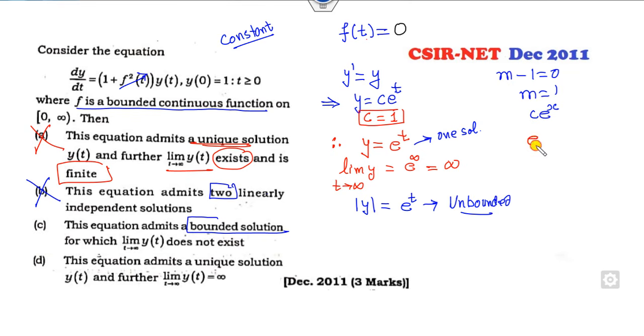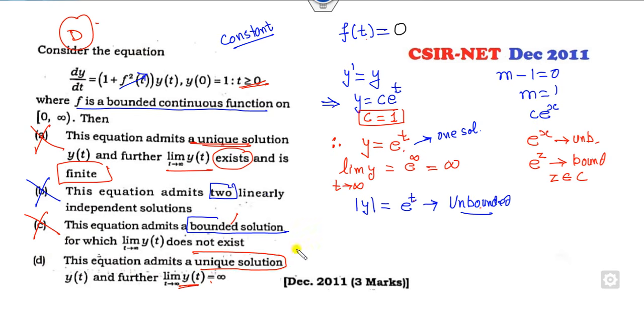Remember, e raised to power x is unbounded, but e raised to power z is bounded where z is a complex number. But here t is a real number, so it is unbounded. So this option is also cancelled. The only option left is D, the correct answer. You can see it's a unique solution and the limit is infinity. Since all the other options are discarded, we take this option.